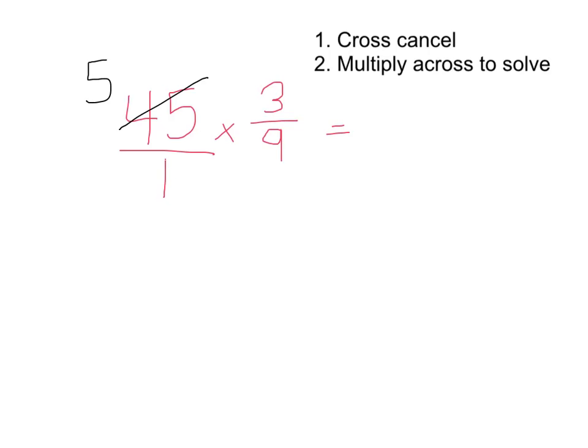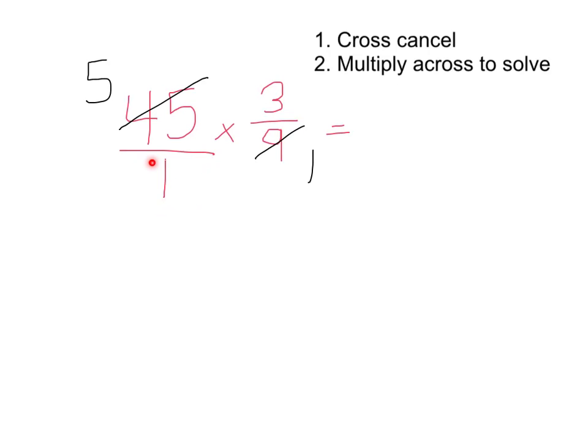So 5 becomes my new numerator. And 9 divided by itself is 1. So make sure that you're always dividing both of these numbers by the same number. And in this case, I divided the 45 by 9, and I also divided the 9 by 9 as well. Now I'm looking at the 3 and the 1 right here, and you can't really cross-cancel those.